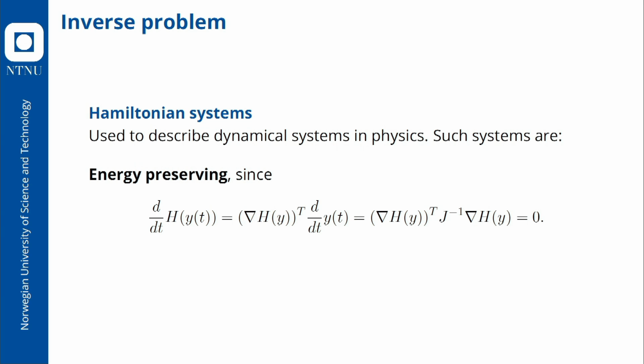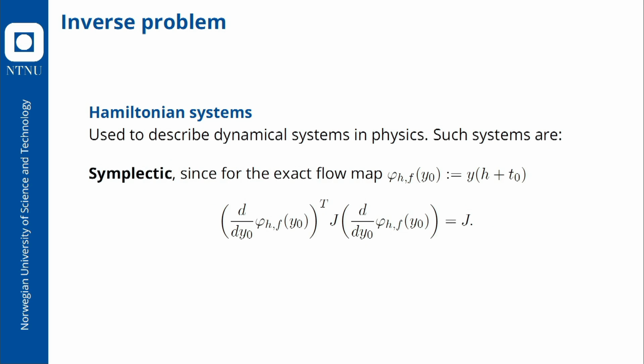Such systems are energy preserving, since we see that the time derivative of the Hamiltonian is 0 due to the antisymmetry of this canonical structure matrix J. It is also symplectic, since the flow map of the system satisfies this property here.